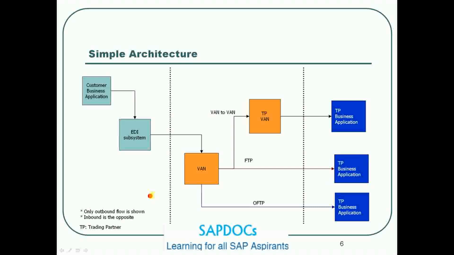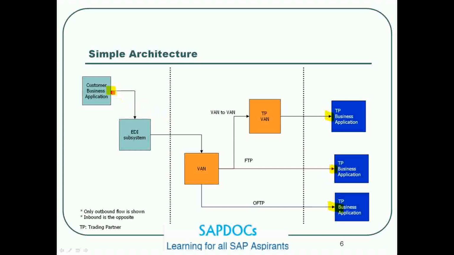Let's take a look at a simple EDI architecture to understand what exactly happens when the data goes through different systems. Let's say that you are a customer and you have a number of trading partners who ship goods to you. You place the order and they ship you the goods.